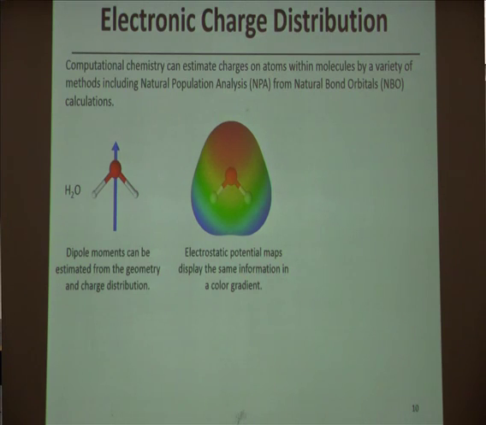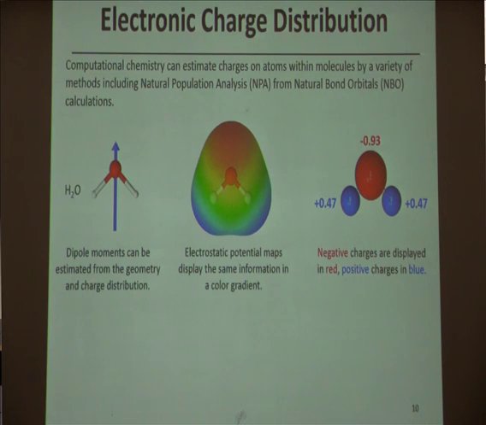These are a pretty way to show the same information that can be shown with this dipole moment arrow over here. But what is usually more useful for predicting reactivity and thinking about how molecules are likely to behave is looking at the NPA, or natural population analysis, charges at each individual atom, which we can also get out of an NBO calculation using WebMO. These are the ones that we're going to use throughout the semester to think about reactivity and these structures. There's a couple of conventions.